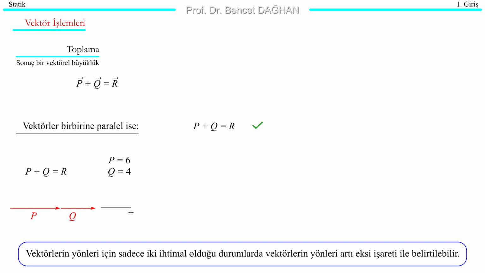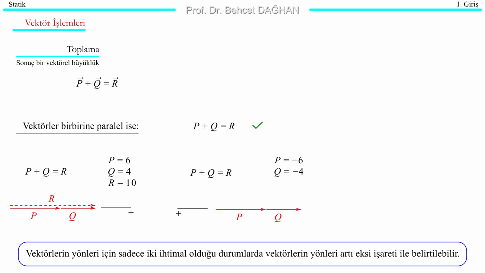It is the result of the addition operation. In this way, we found R both from the relation and graphically. We found from the graph that the direction of R will be to the right. We got the same result from the equation.